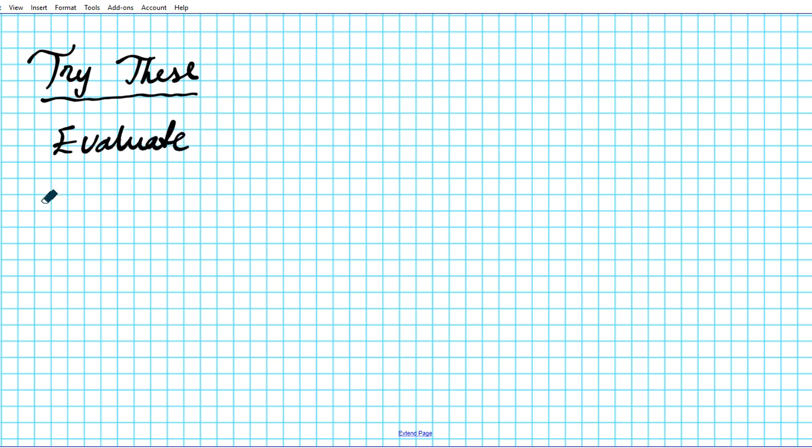Now, how well did you master the process that we just went over on how to add and subtract fractions with like denominators? To ensure mastery, we'd like you to try out the following problems. So the instructions are to evaluate. Number 1, let's say you have 2 over 7 plus 5 over 7.